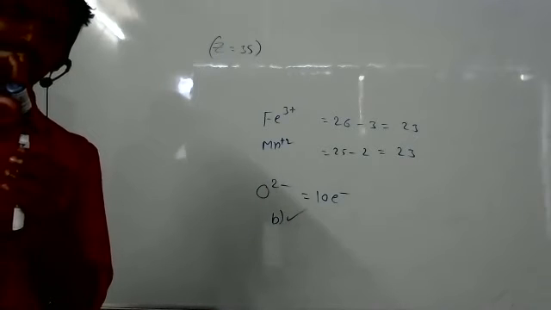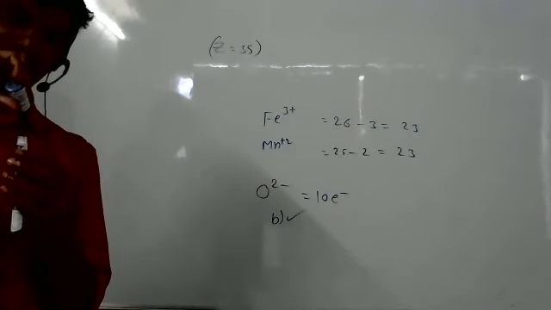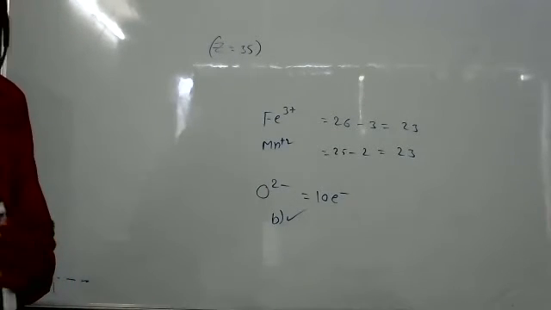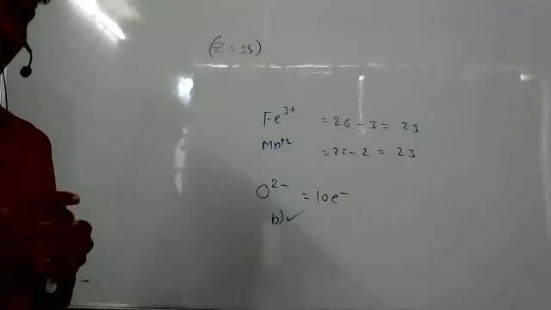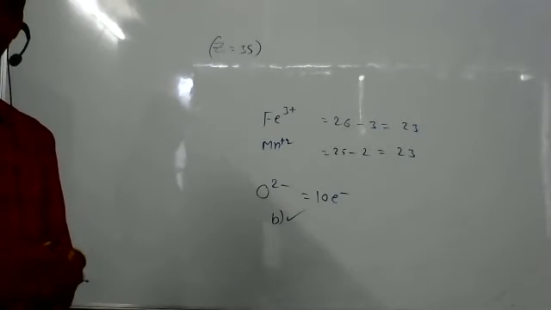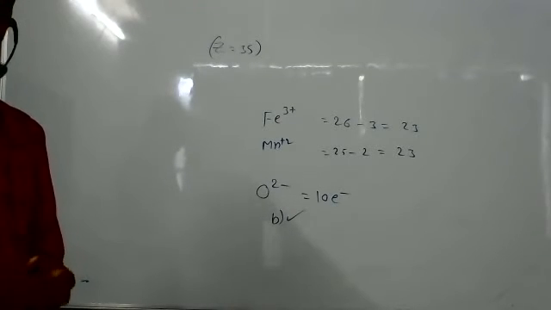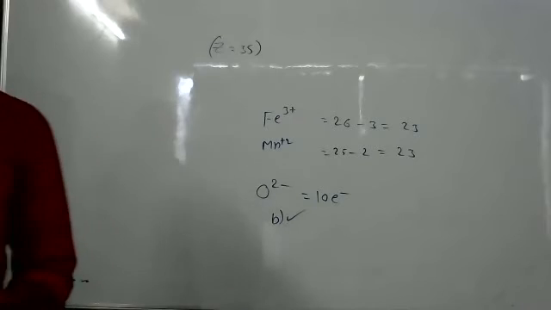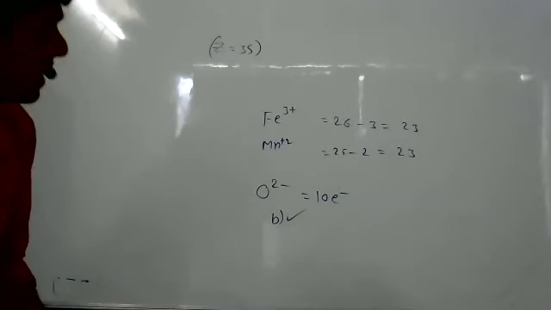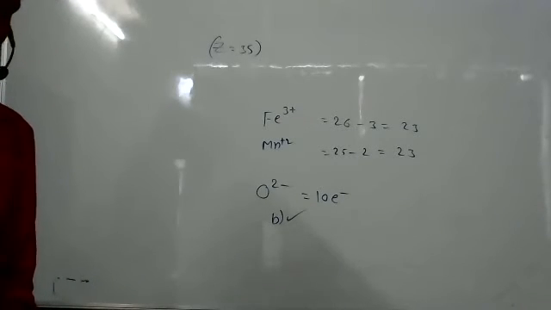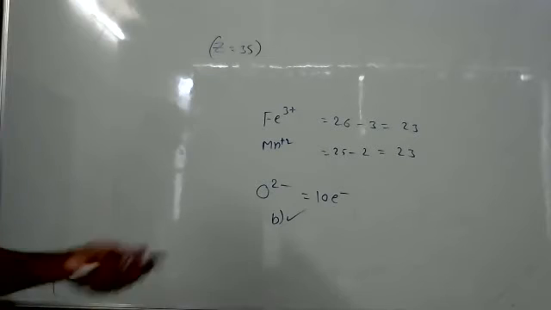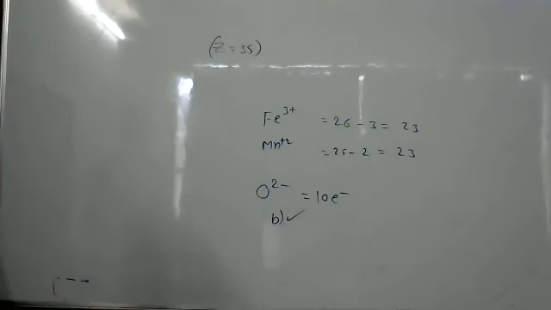And which group? 17th group, right. 17th group has how many valence electrons? 7, sir. So the answer is 7. Because the 36th element is a noble gas, which comes under 18th group, then 35 comes under 17th group. That is the easiest method. Option C.